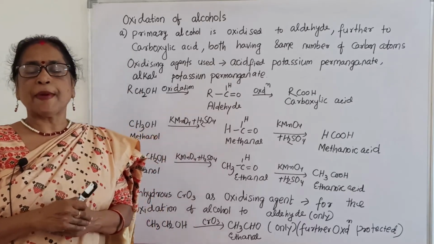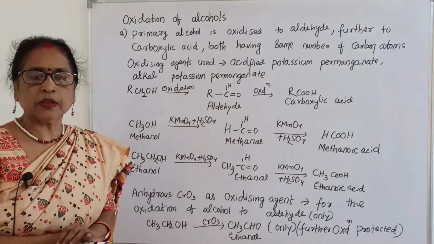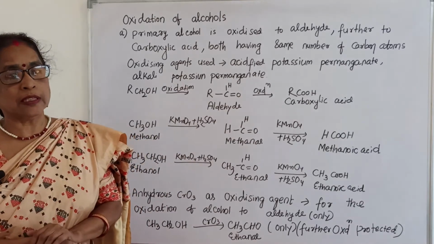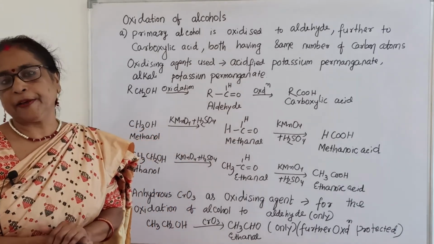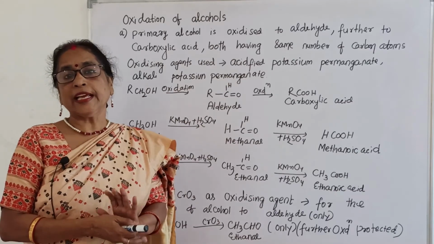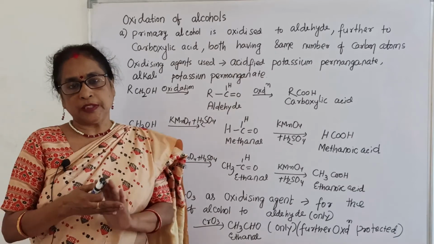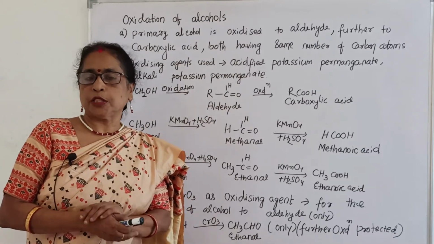Now here, primary alcohol gives aldehyde plus hydrogen. Secondary alcohol gives ketone and hydrogen. But tertiary alcohol gives alkene. So this is called dehydrogenation, or you can say one type of oxidation.